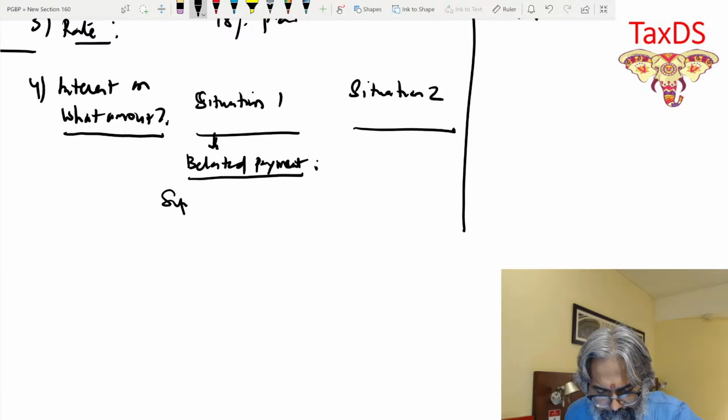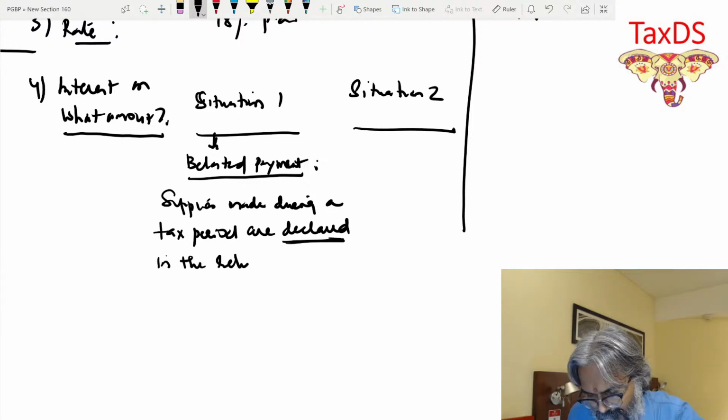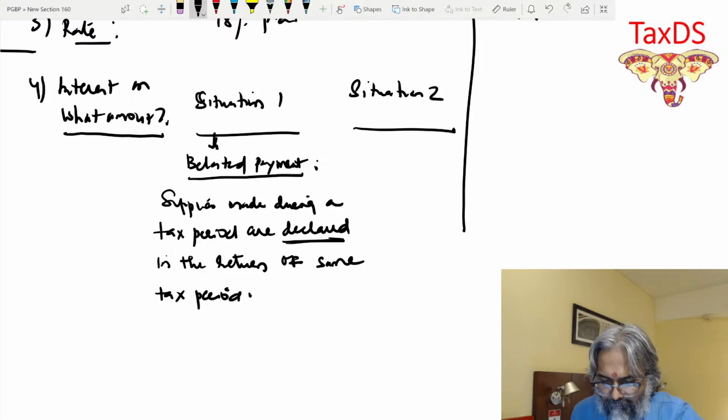Over here, supplies made during a tax period are declared in the return of the same tax period. Now, this is very important. Then only, students, it will fall under situation number one.